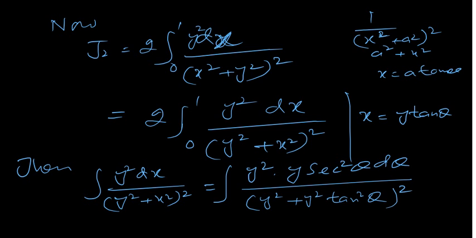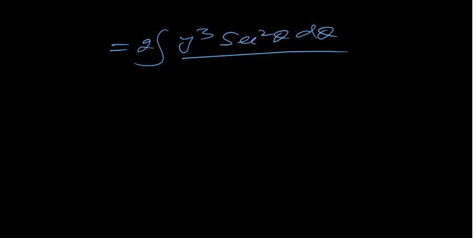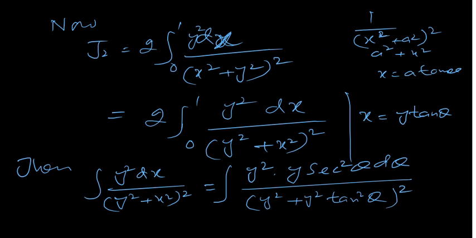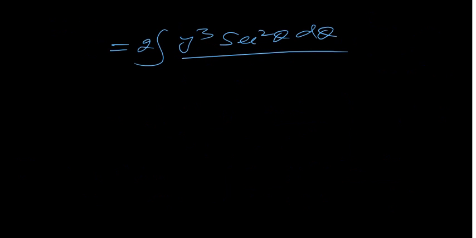It's equal to the integral of twice y cubed sec squared theta d theta divided by y to the fourth times (1 plus tan squared theta) whole squared.